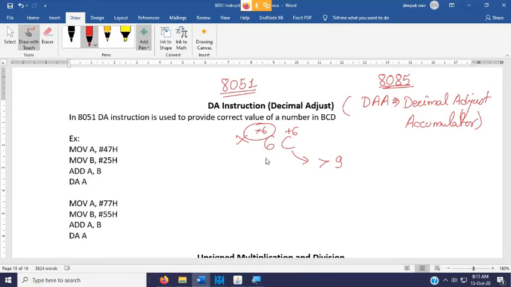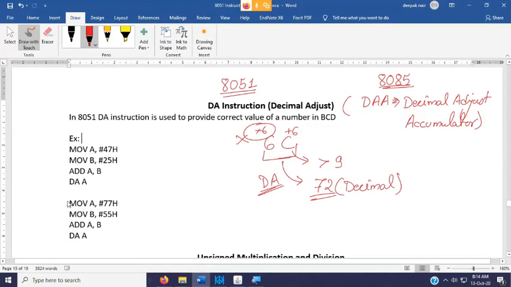So the equivalent decimal number for this 6C is 72. It automatically converted that for you. So the user doesn't have to worry. Remember, this number is not hexadecimal, this is a decimal number. The content of the accumulator is now purely decimal. Before it was hexadecimal, and this command automatically converted your number to a decimal number itself.